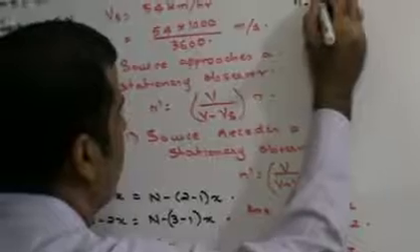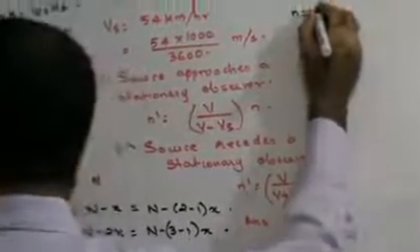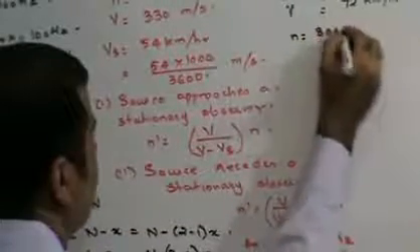The frequency of the whistle of the first train is 800 Hertz.